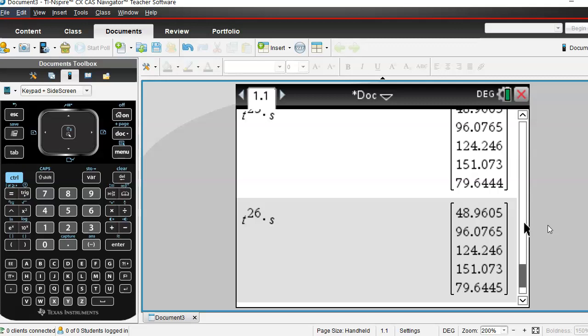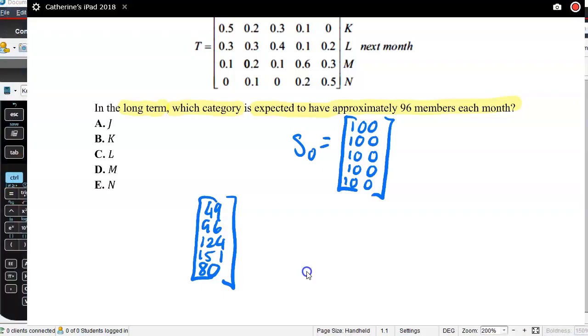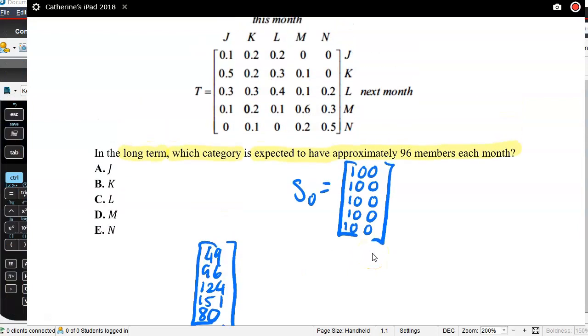So 49, 96, 124, 151, and 80. Okay, so that is category K, isn't it?